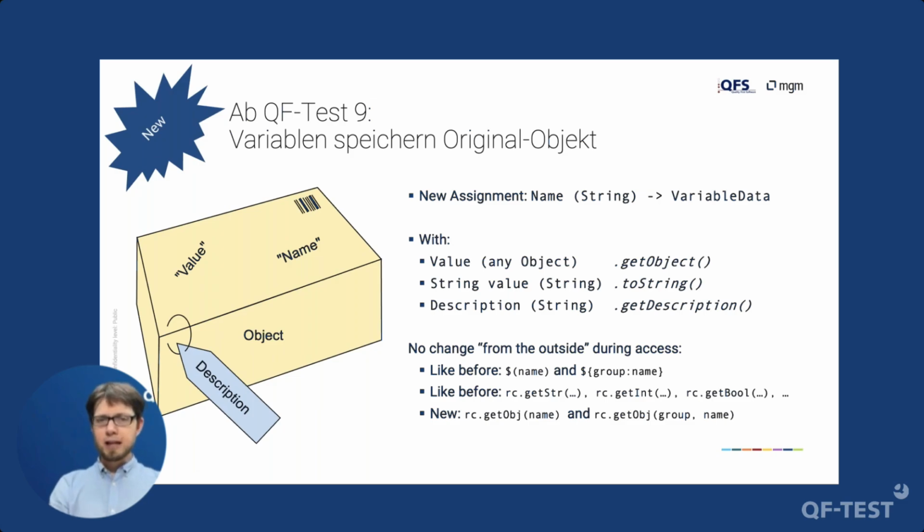We can, like before, use those variables with the $ parentheses or $ braces notation, and we have this new rc.getObject method, where we can access variables by name or variables stored in a group with the two-parameter version of getObject.